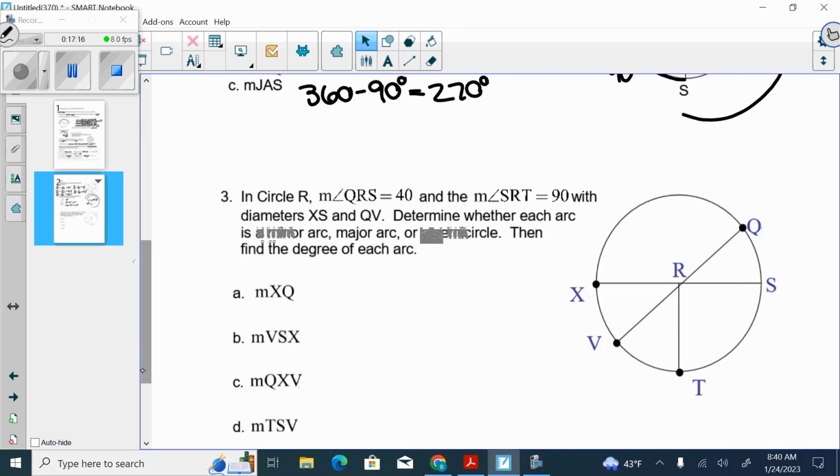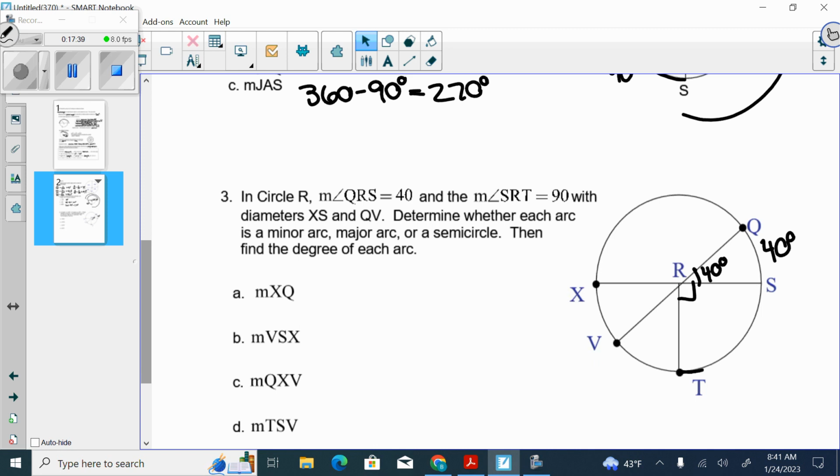Okay, number 3. This one says that in circle R, the measure of angle QRS right here is 40 degrees. Well, if that angle is 40 degrees, we know that QS, the arc, is also 40 degrees, right? Angle SRT right here is 90 degrees.